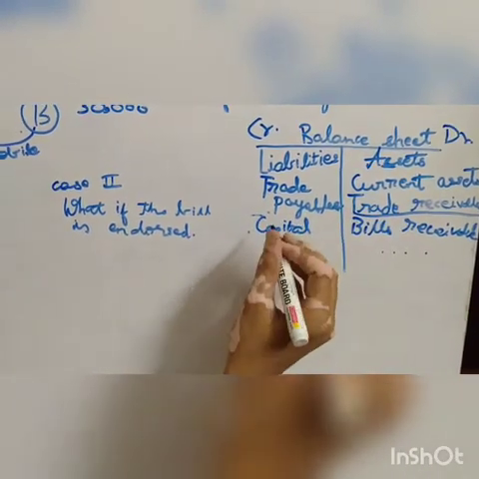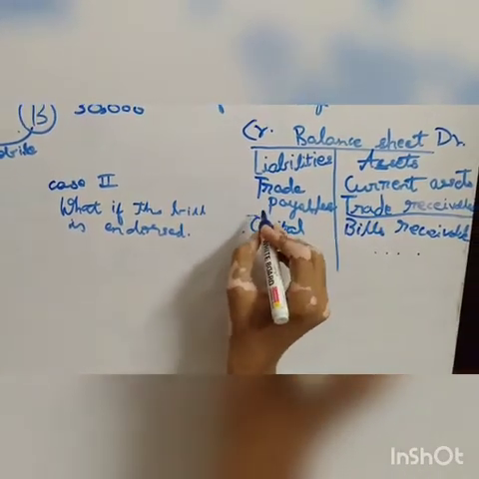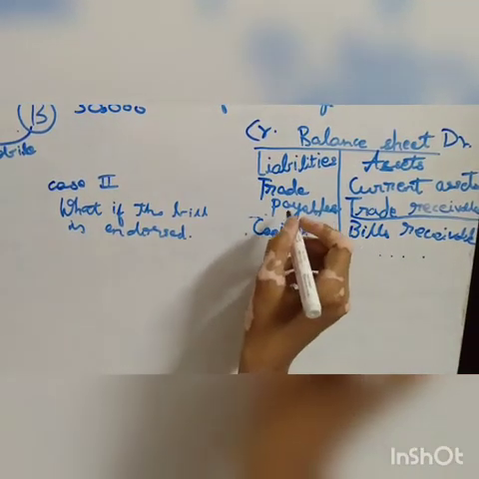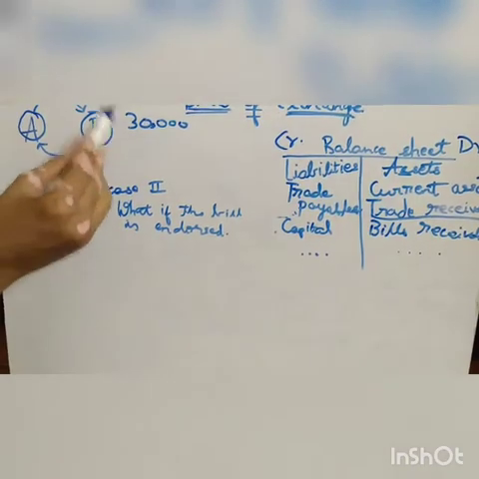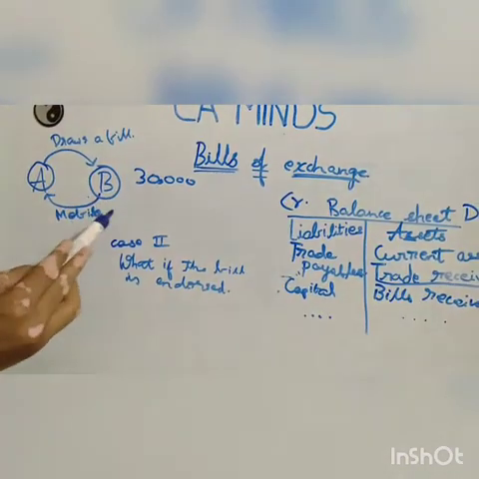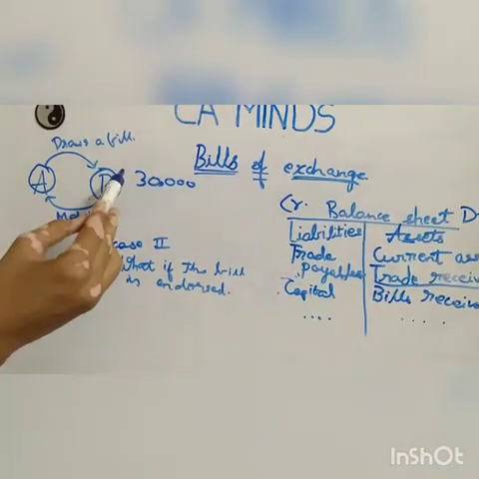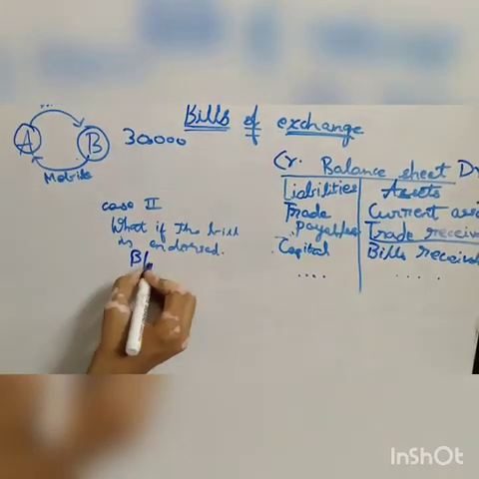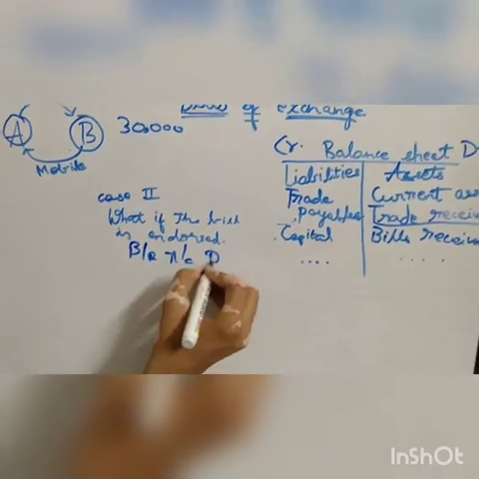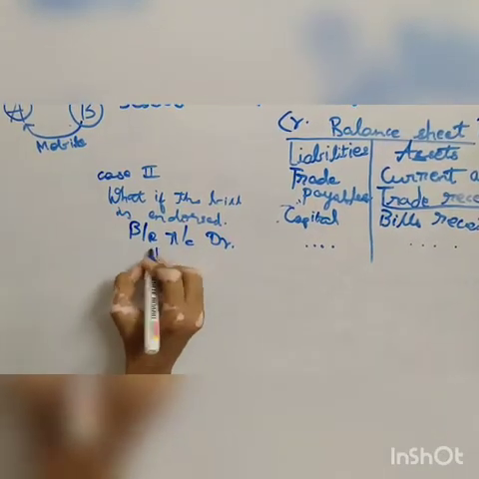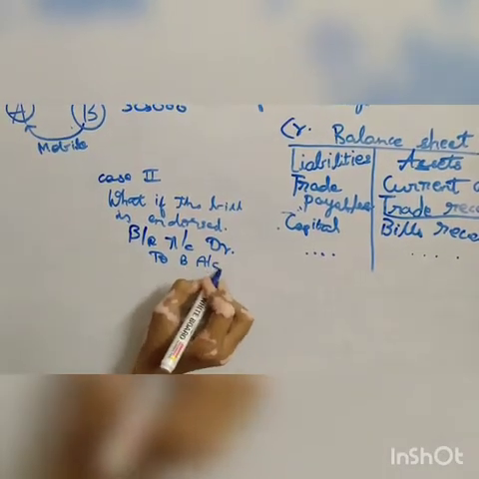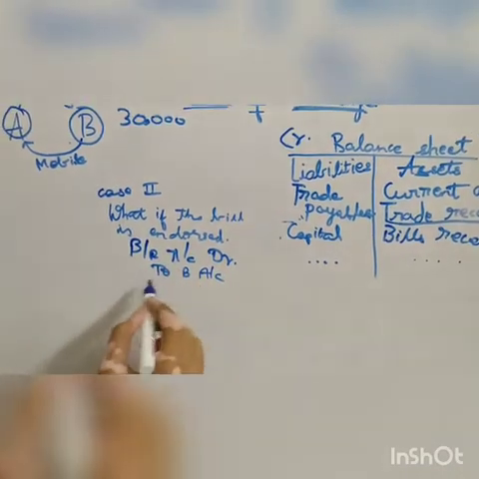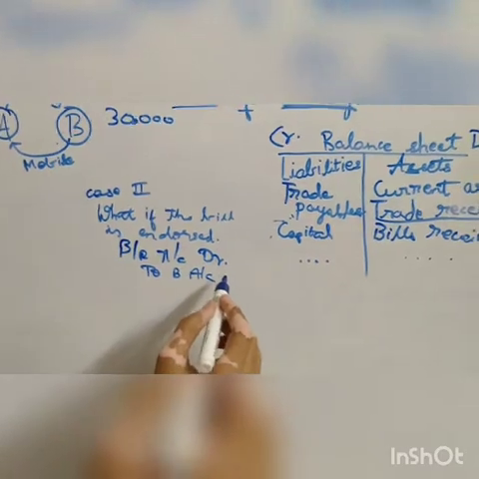So when there is a trade payable for us, let us again see what happens in the transaction. B purchases a mobile on credit and A draws a bill and the bill is accepted by B and the entry is bills receivable account debtor to B account. Till this it's the same procedure.